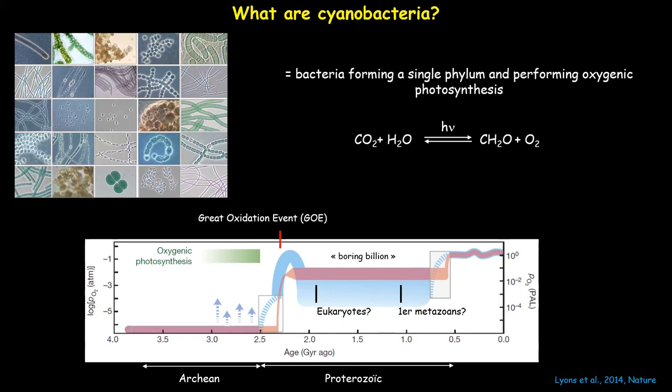So like plants, they use CO2, H2O, and using light, they can oxidize water, take an electron from water, put it on CO2, and so produce reduced carbon, so this is organic matter, and release dioxygen. And you see here some light microscopy images of these very diverse cyanobacteria. They are all diverse morphologically, of course, but they are all doing oxygenic photosynthesis.